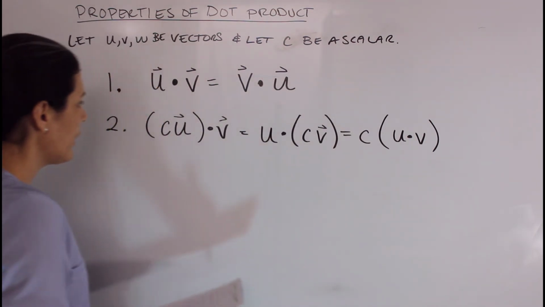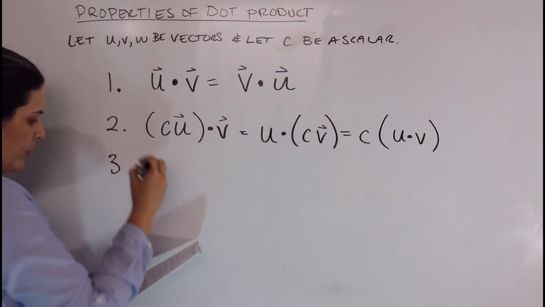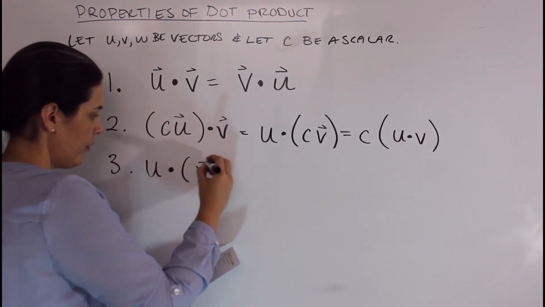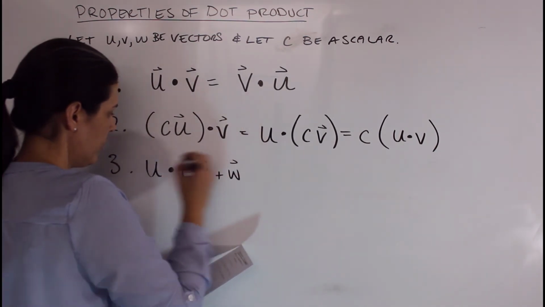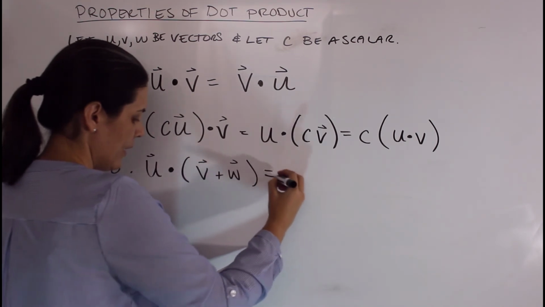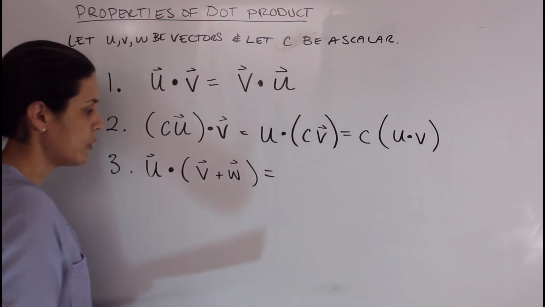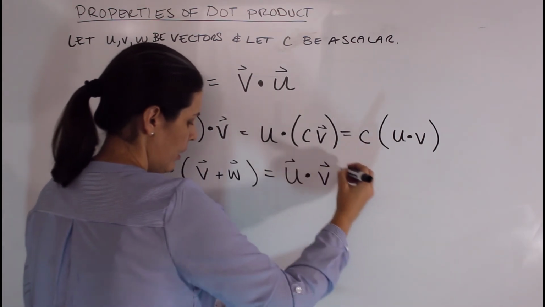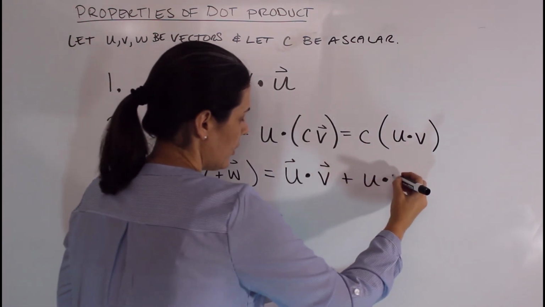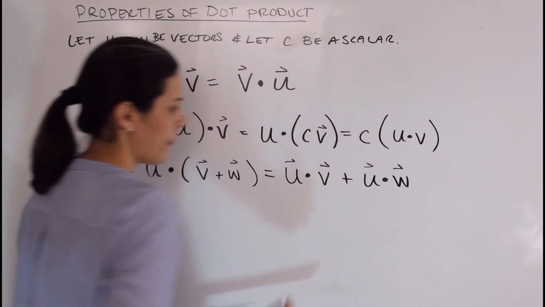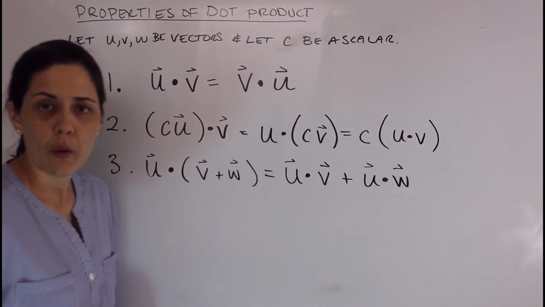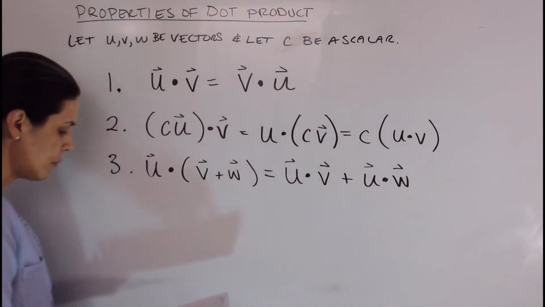Same answer all the way across. Number three, u dot the quantity v plus w is the same as, and this one looks like distribution, u dot v plus u dot w. So you're dotting these, but it's like what you know about distribution with multiplication.